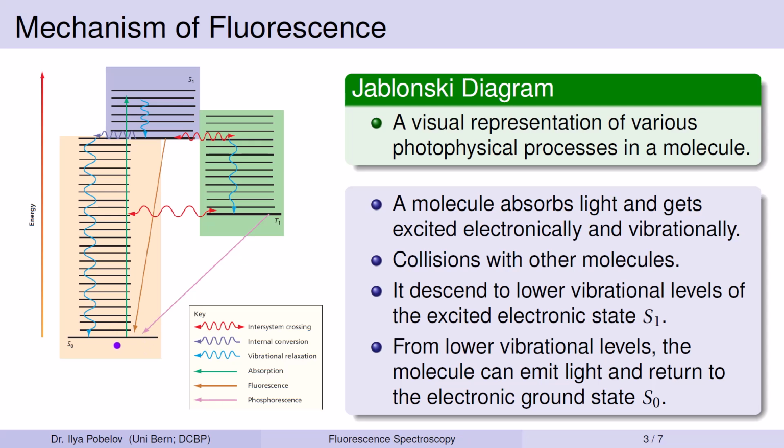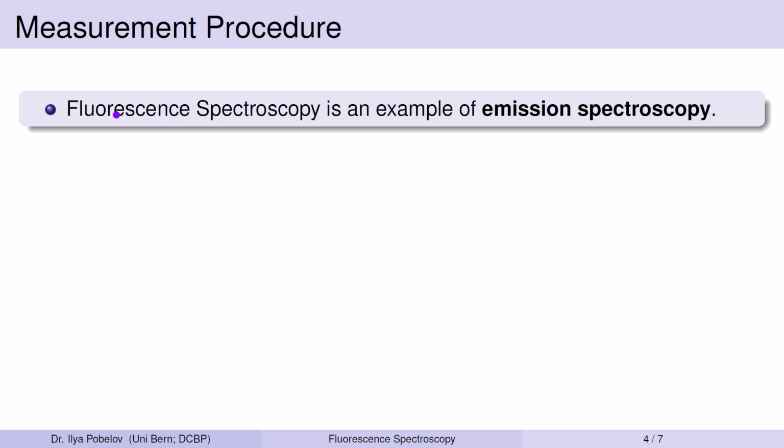To summarize, fluorescence is a multi-step process starting with absorption, followed by vibrational relaxation and culminating in the emission of light. Fluorescence spectroscopy is a prime example of emission spectroscopy.